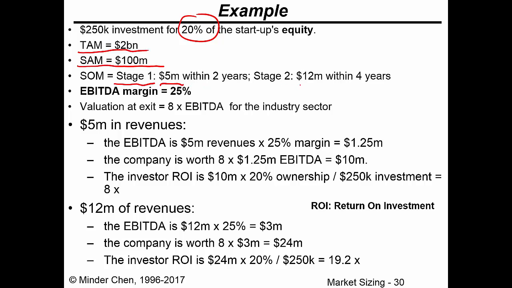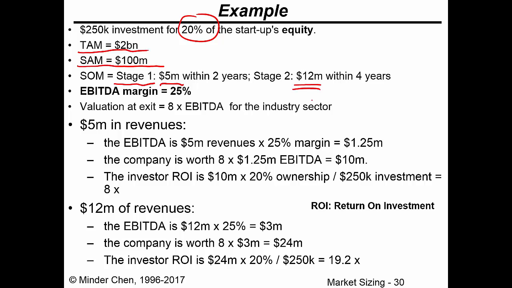And at stage 2, you try to reach $12 million in revenue. And the profit margin for your product or service is 25%. So the valuation at exit is 8 times the EBITDA. Okay, so we've done this before, and this is just a summary of the numbers that we gave previously.